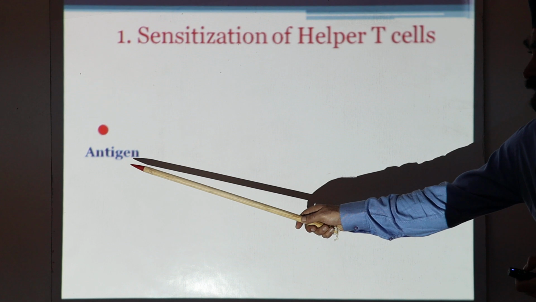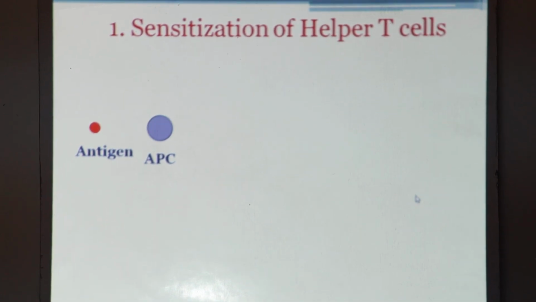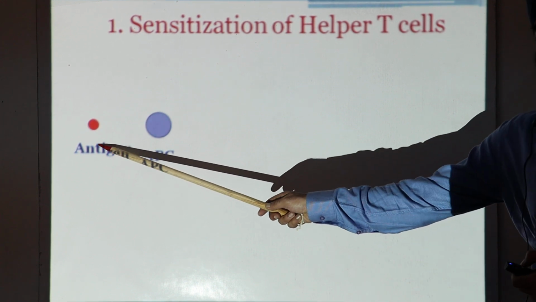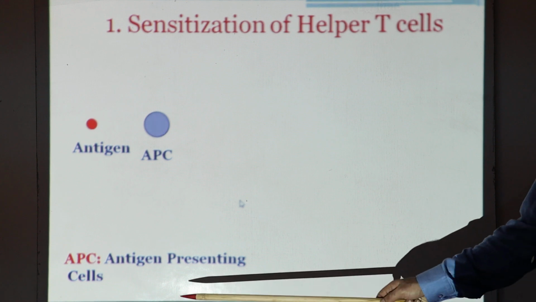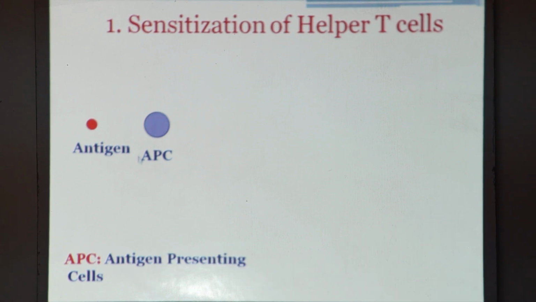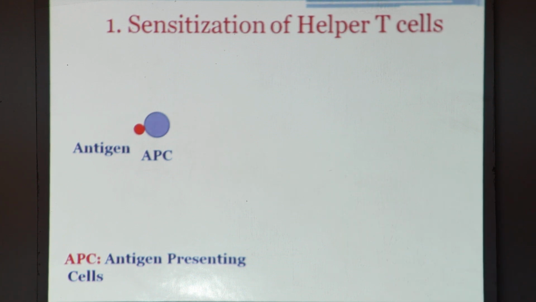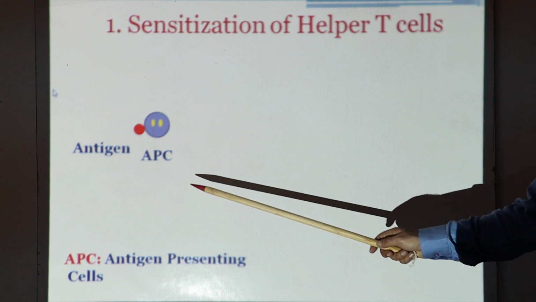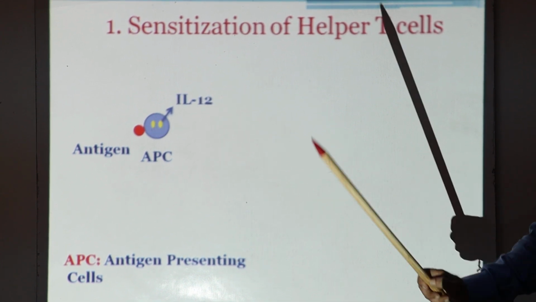Let's say the antigen enters inside the body. Antigens, first of all, encounter APC. What is APC? APCs are the antigen presenting cells. Now this antigen comes in contact with antigen presenting cells. In the antigen presenting cells, there is an increase in the level of interleukin 12.